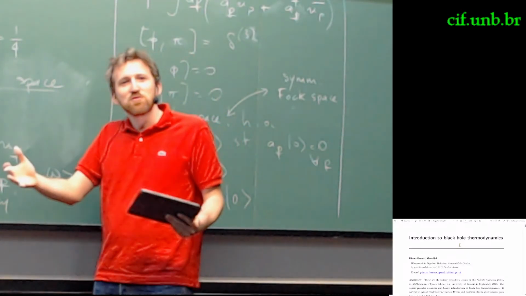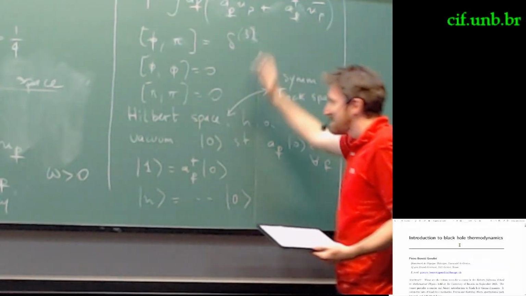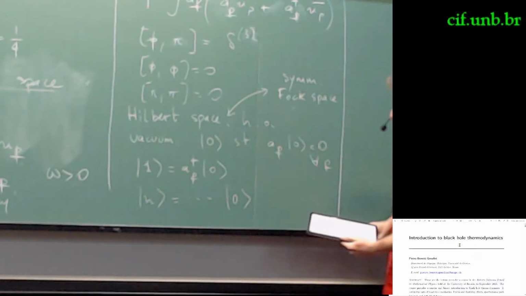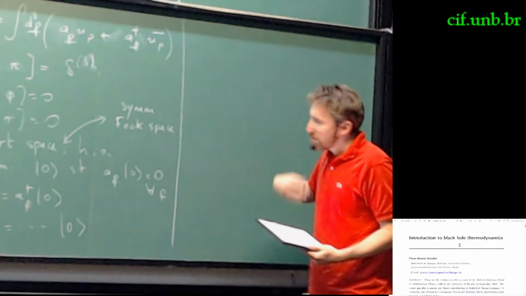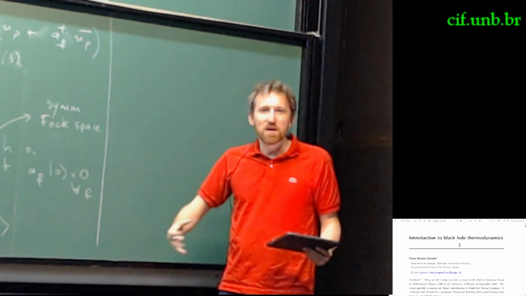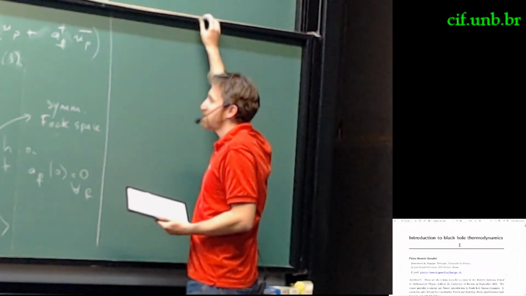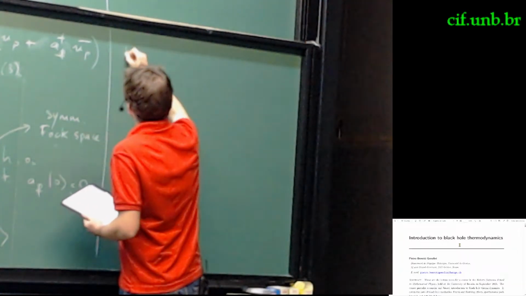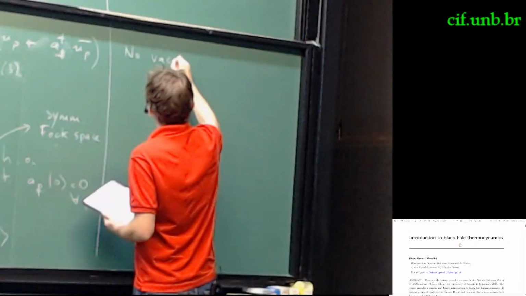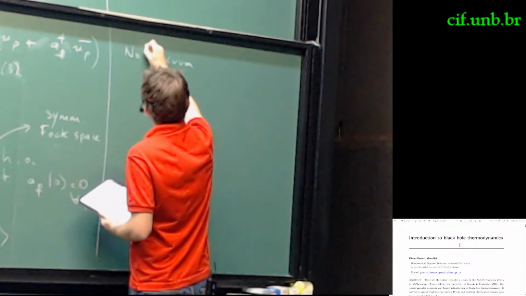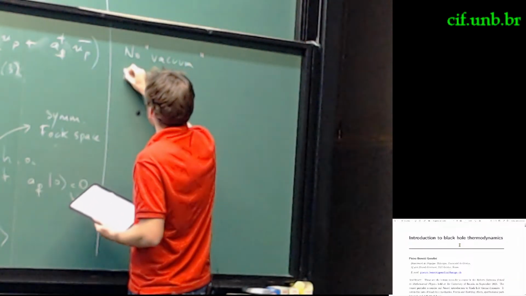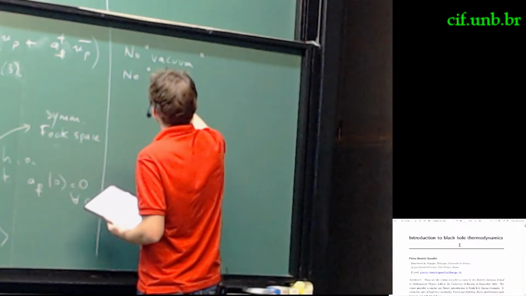And therefore, there is no notion of this entire construction. So on a generic curved background, even if you assume that it is causally well behaved, so that it is technically globally hyperbolic, that's the fancy words we use, there is no notion of a vacuum. Which means that there is no notion of a particle.